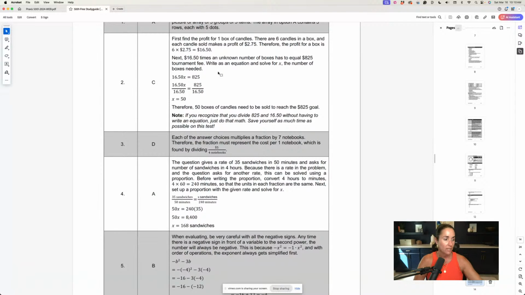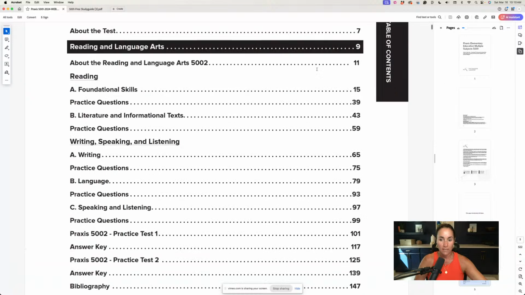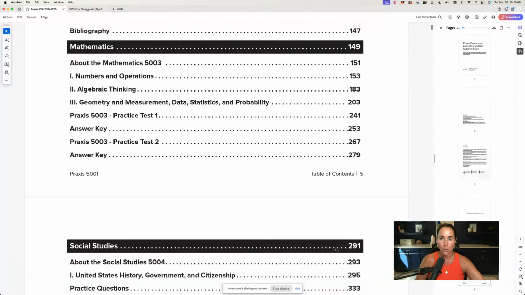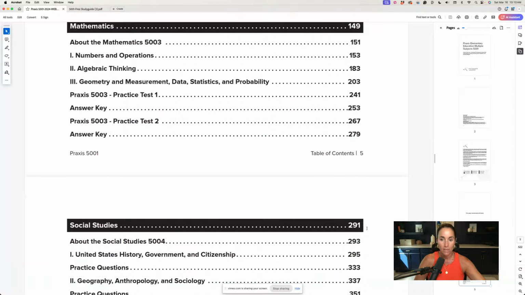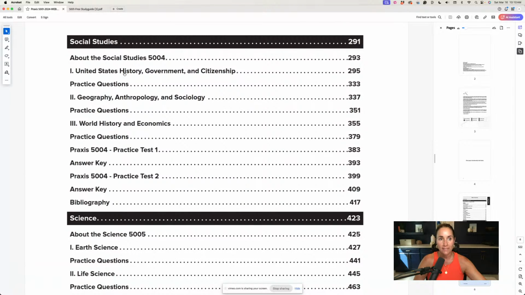Now, this is a shorter version, like I said, of the paid book, which is this. The paid book is very comprehensive. You can see that. Just for the reading and language arts, there's 147 pages. And then for the mathematics, there's like another 137 pages or something. Social studies, same thing. And you can see that after each content category, there are practice questions.